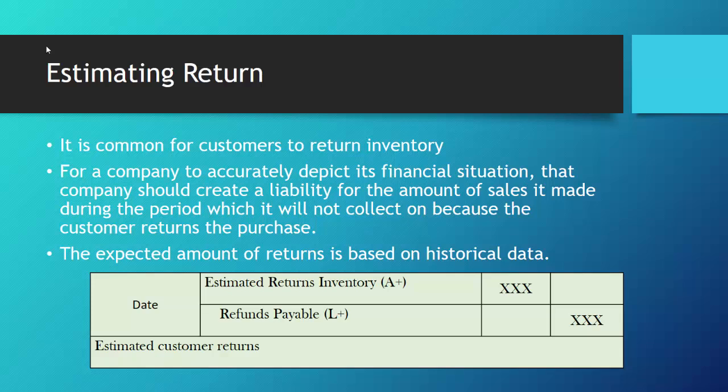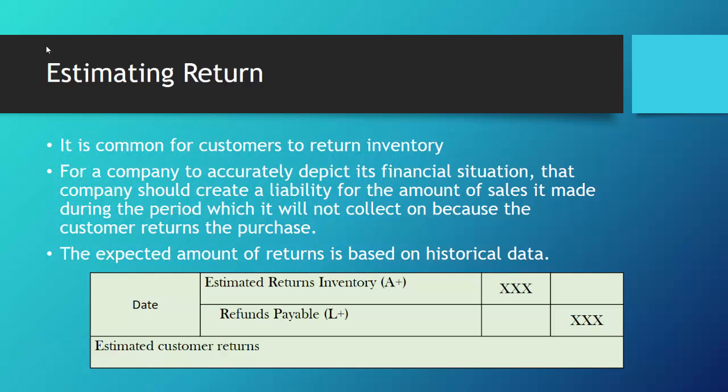Customers will return inventory. It's just a fact of life when you're a merchandiser. If a company really wants to accurately depict its financial situation, what they should do is make an adjustment that separates the amount of inventory you actually have on hand and adds to it the amount of inventory that you expect to be returned from sales that you made during that period.